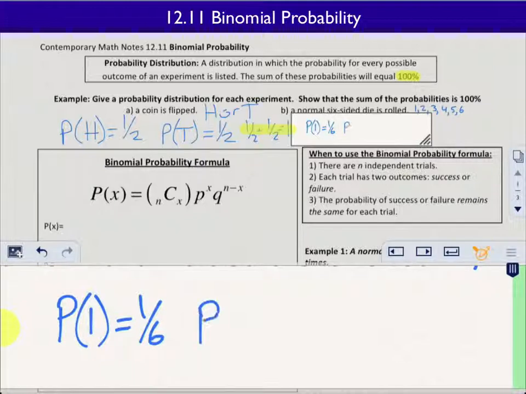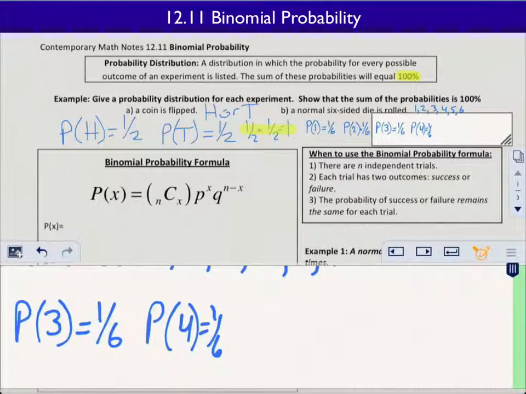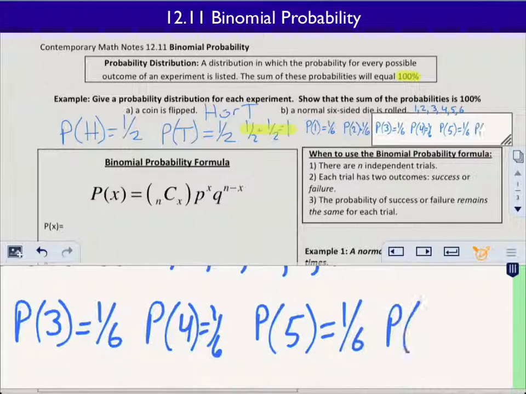The probability of getting a 2 is 1/6. The probability of getting a 3 is 1/6. The probability of getting a 4 is 1/6. The probability of getting a 5 is 1/6, and the probability of getting a 6 is 1/6.